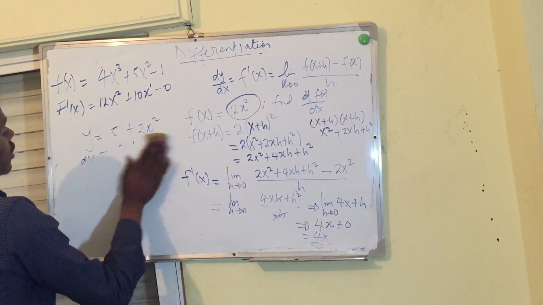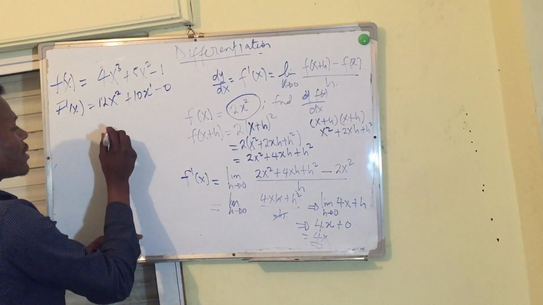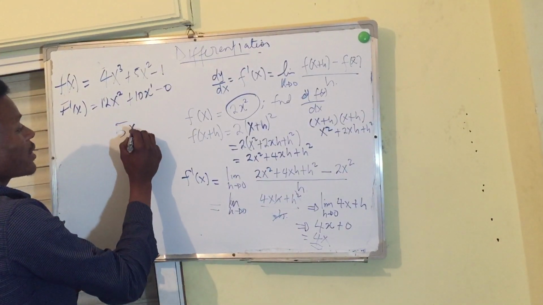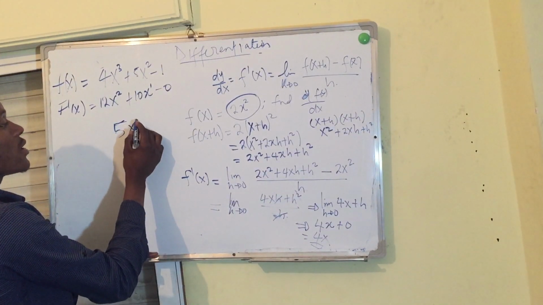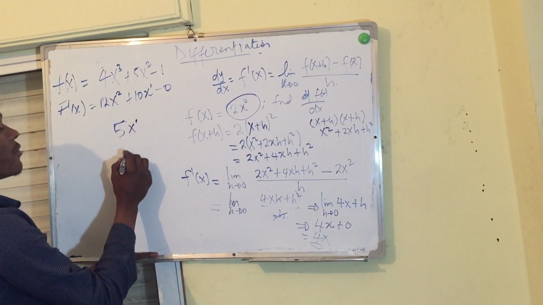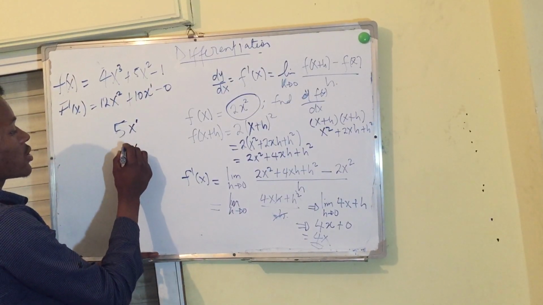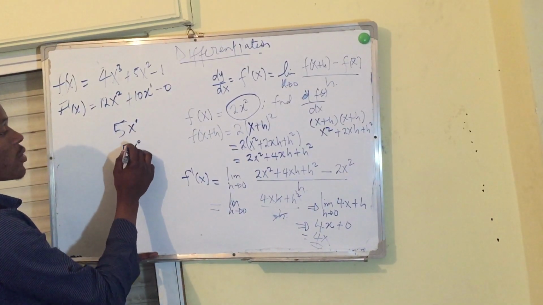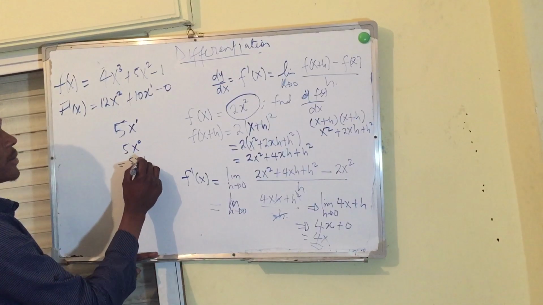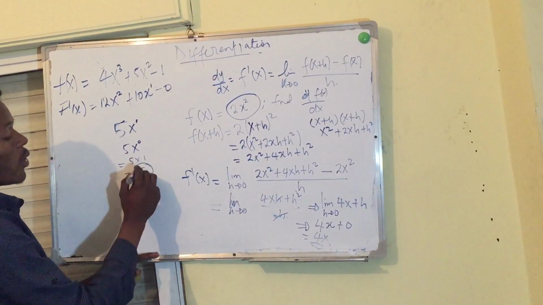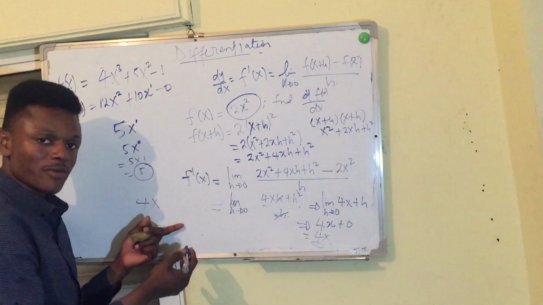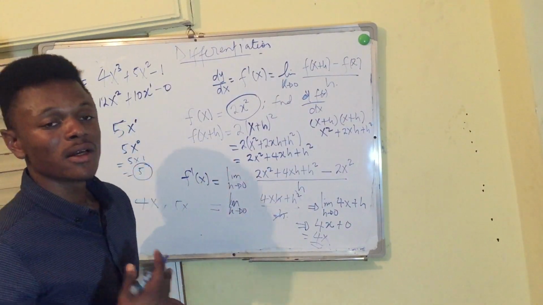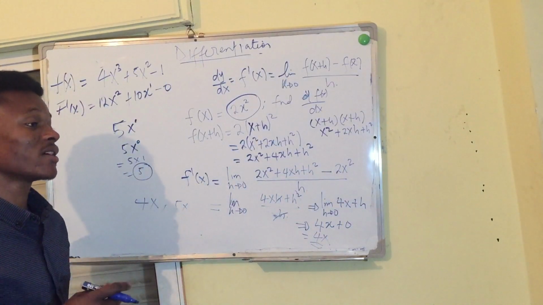Idan kuma kana da irin like any number, for example, let's say 5x only, power din ka san nan 1 ne, so multiply by the power 1, subtract 1 from the power, 1 minus 1 is 0. Anything to the power of 0 is 1, so 5 times 1, which is 5. Kana da 4x derivative in shi 4 ne, kana da 5x derivative in shi 5 ne, kana da ax derivative din shi a ne idan x ne variable din.